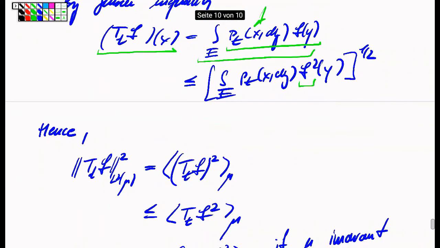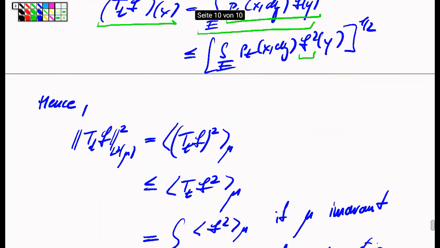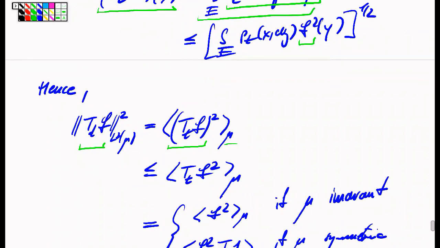So hence, if I now want to compute the L2 norm in this weighted L2 space of the function which I obtain after I apply the T_t operator, then I read first what that actually means. This is the T_t operator acting on the function f, taking the square of this and integrating against the measure mu.